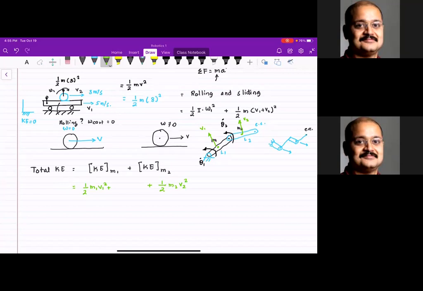So please understand, this is something super important that I want you to understand. What is the kinetic energy of point A? Because the radius is 0, the velocity is 0.